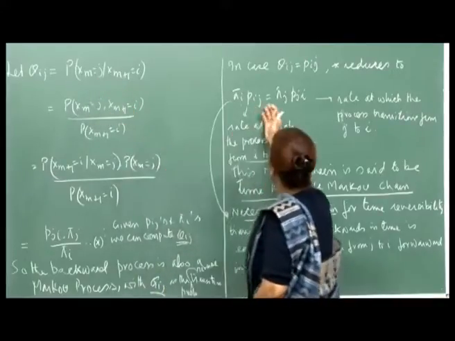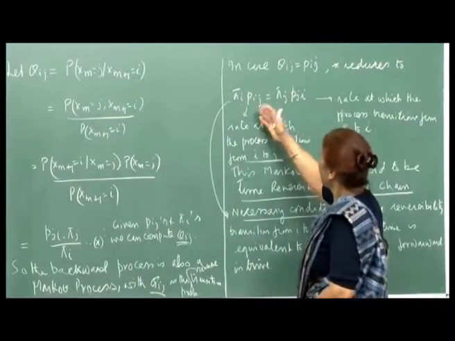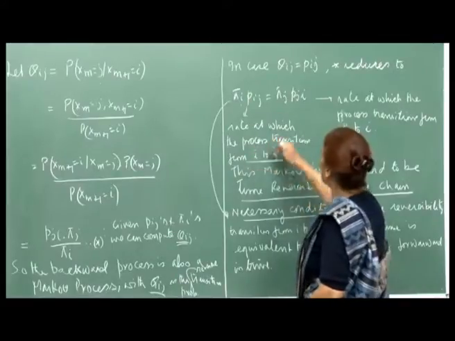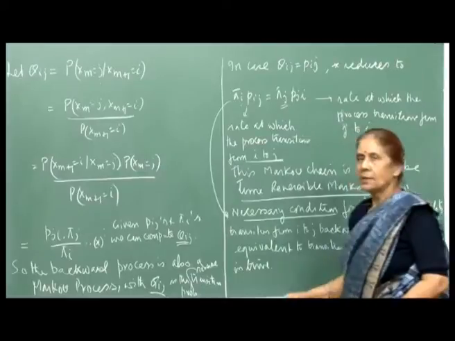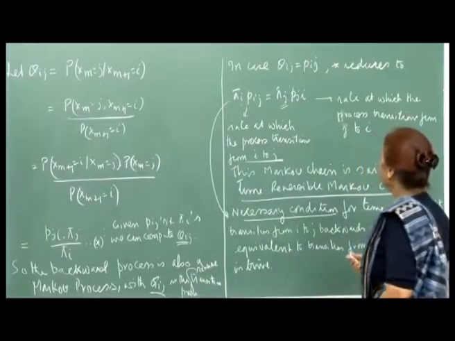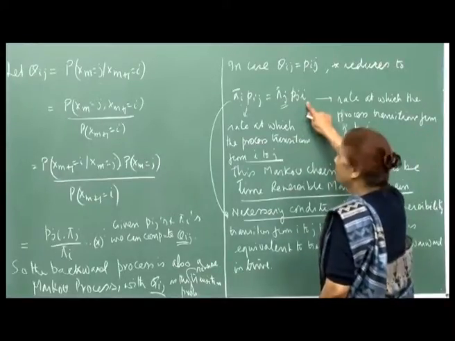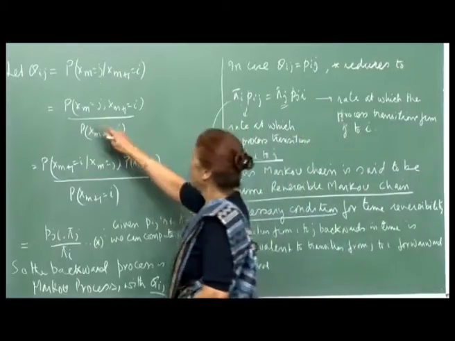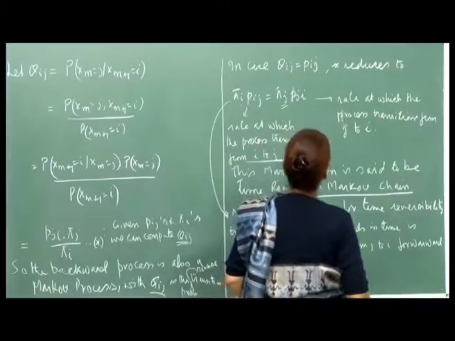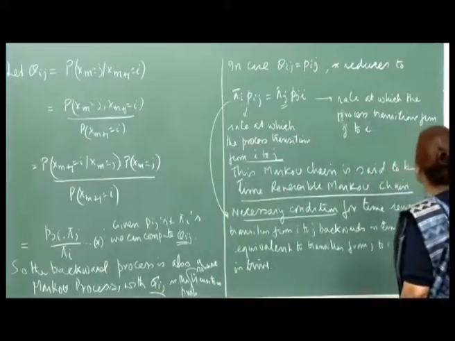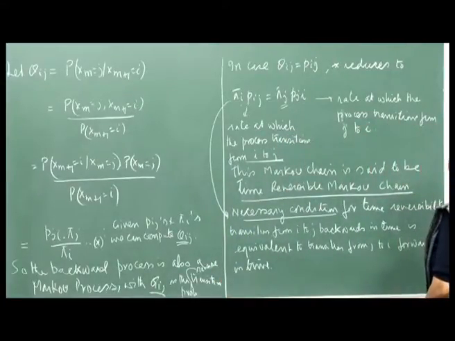So, this is the rate at which you are transitioning from i to j in the backward way, and this is pi j p j i. So, this is the probability of being in state j, and then you are transitioning from j to i. So, this is your x m equal to j, and then you are transitioning to i. So, forward probability. So, this is the rate at which the process transitions from j to i.